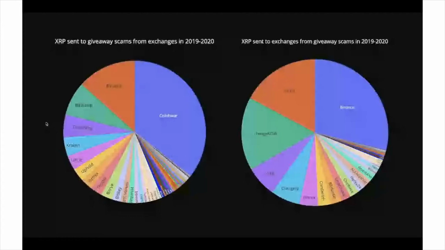And more than half of these 17 million has been sent directly from an exchange to the giveaway scam. So there is a difference here, because if you withdraw money from an exchange to a giveaway scam, there is actually somebody processing the payment for you, the exchange you're withdrawing the funds from.